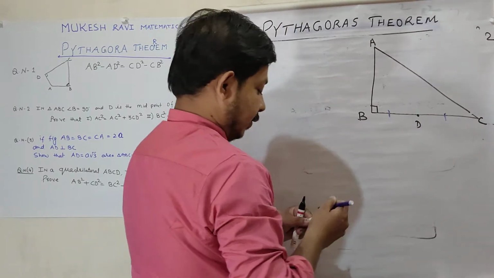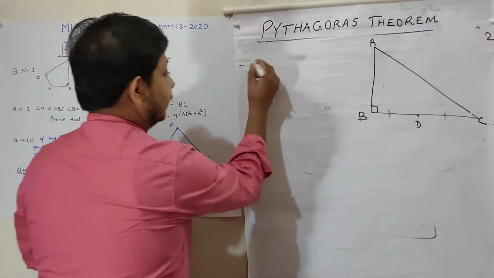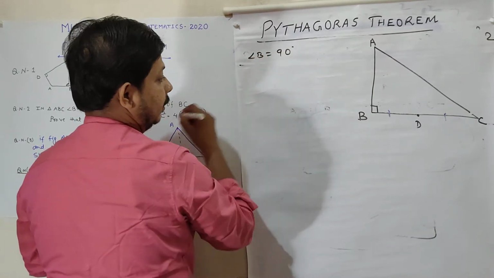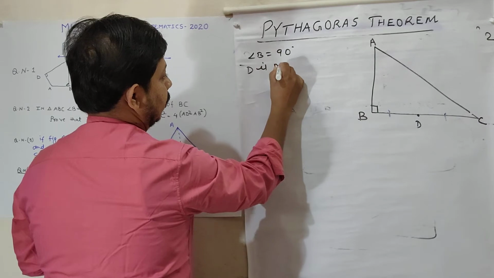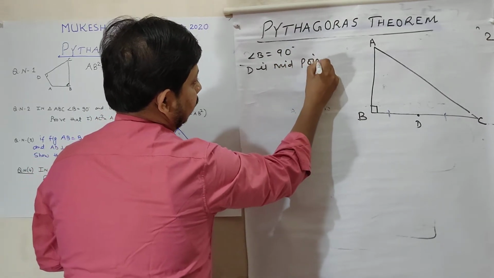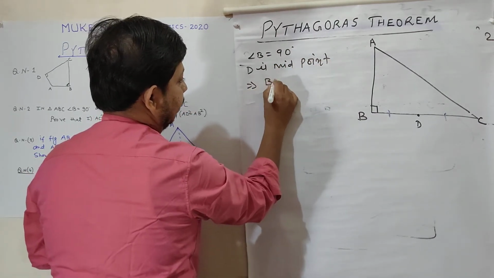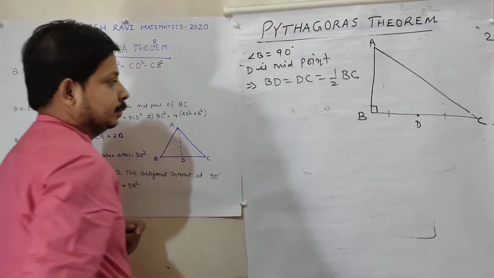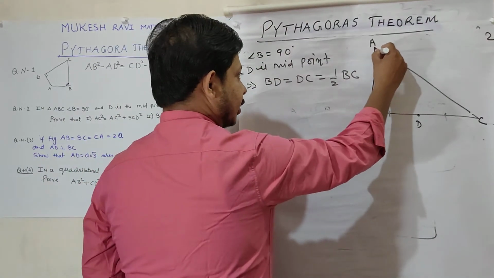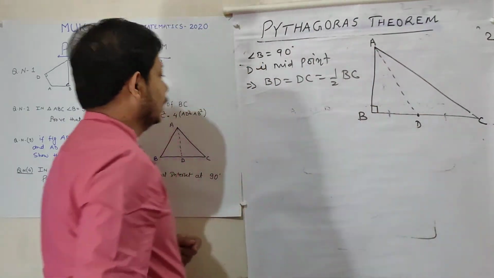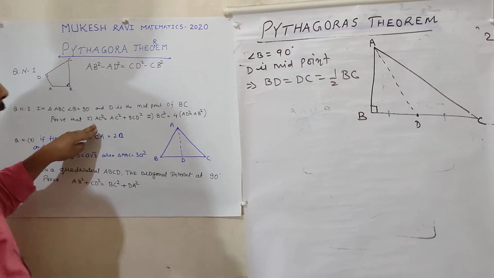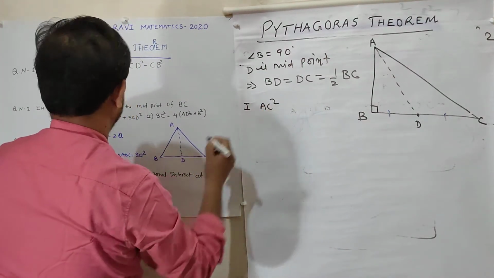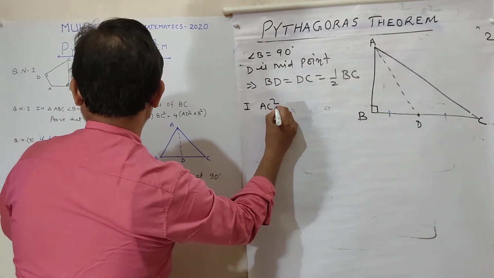So first of all, what to do here? We will write angle B is 90 degrees, D is the midpoint. This implies BD is equal to DC is equal to half of BC. This is the information. Then construction: draw AD. Now, what to prove?